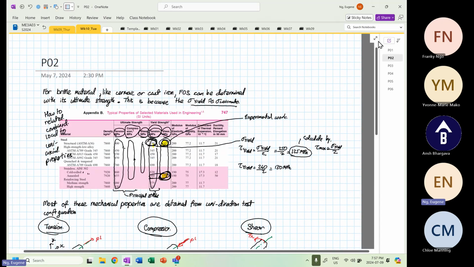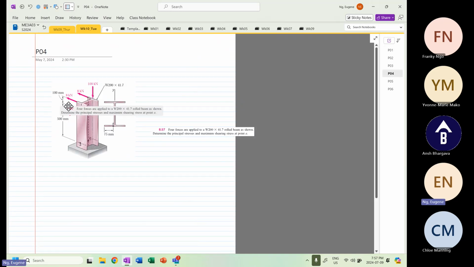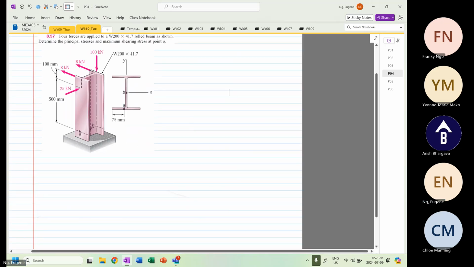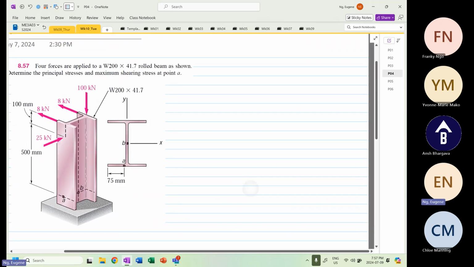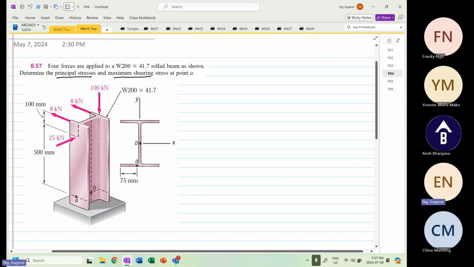The first part, basically we have done it before. I've taught you guys before, but let's try again. We are going to determine the principal stresses and maximum stresses at point A, and we are also going to do point B.